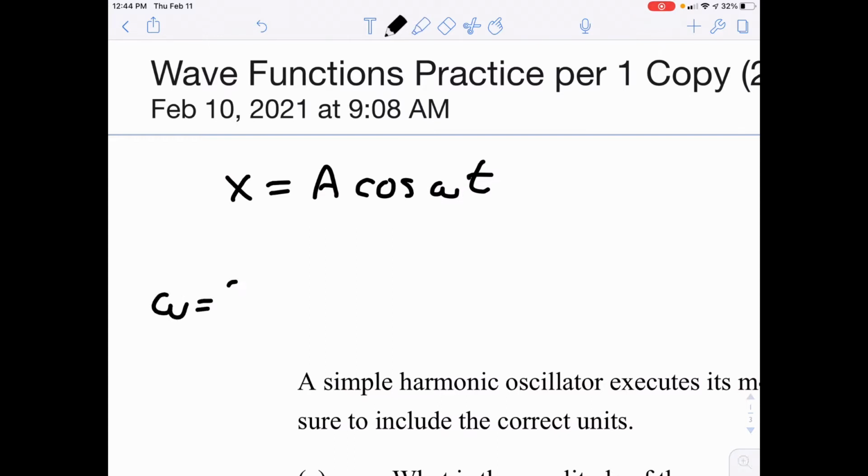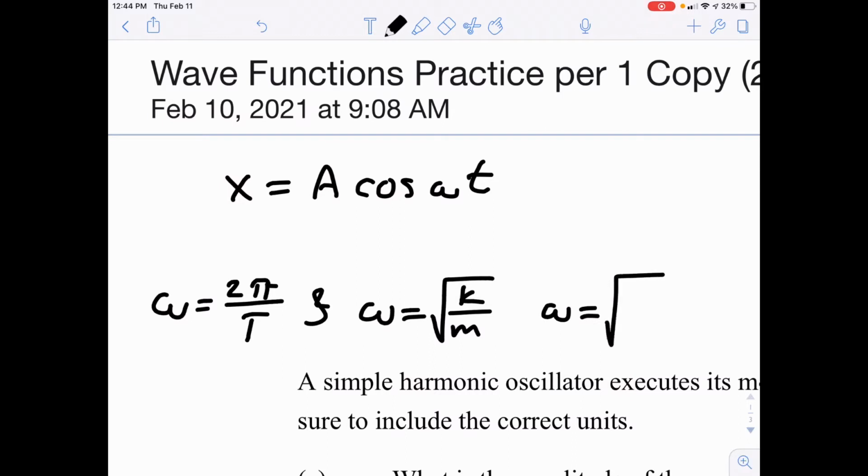One, it is 2 times pi over the period, and it can be the square root of k over m if we're talking about a simple harmonic motion oscillator mass attached to a spring, or it could be the square root of g over the length of the pendulum if we're talking about our simple harmonic motion oscillator being a pendulum.